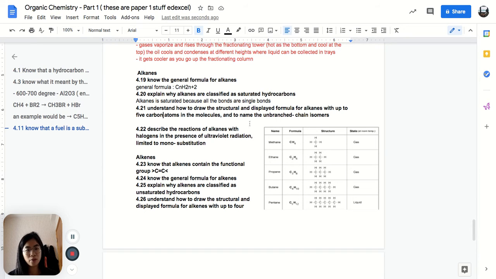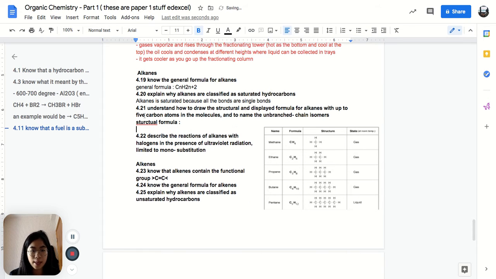If you don't remember, I did tell you guys what the structural formula is. So I would just write it for each one so that you know what I'm talking about.